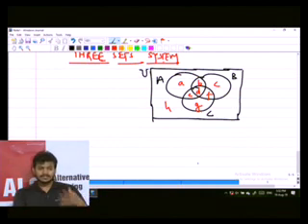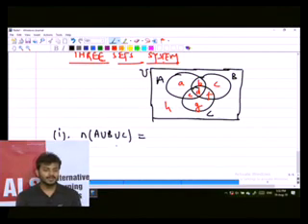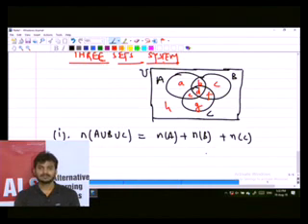So let's understand what the different parts are and how the formula will vary now, right? Because in the case of 2 sets we have understood how to find all the formulas. Now we will list down all the formulas one by one. First of all, n of A union B union C, what will it be? It would be nothing but n of A plus n of B plus n of C, right?